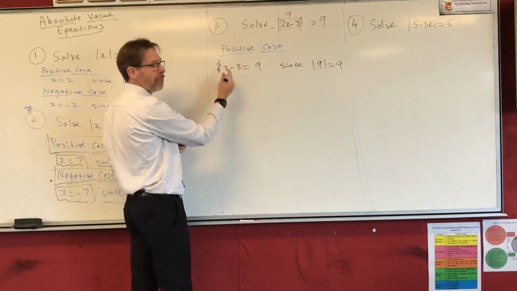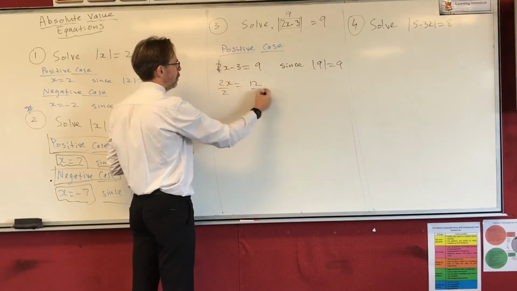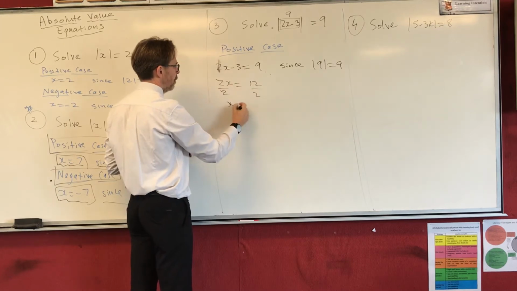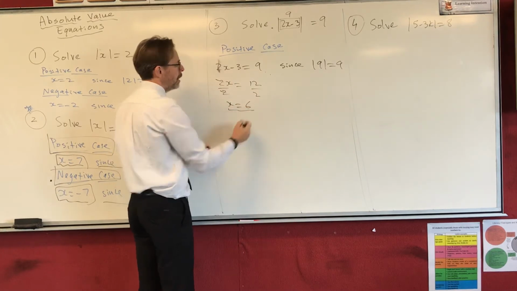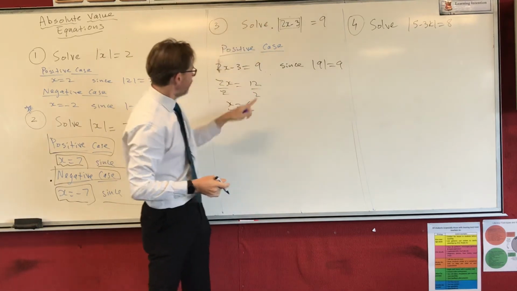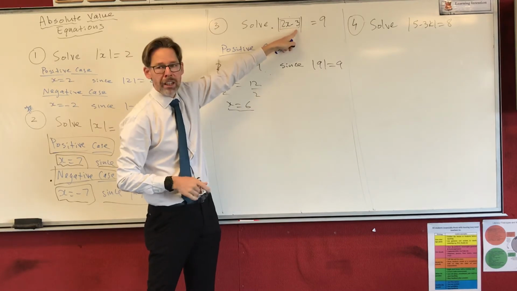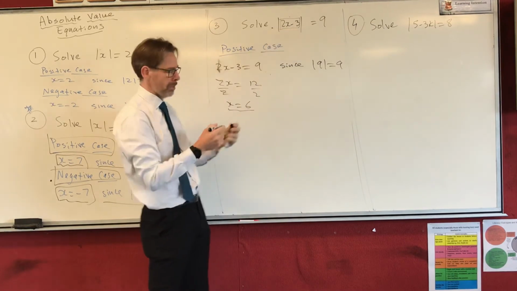And you've got to solve that equation. So 2x equals 12, divided by 2, divided by 2, x equals 6. And check it. Does that work? If I put x equals 6 there, I get 2 times 6 is 12, minus 3 is 9, and the absolute value of 9 is 9, so that works.